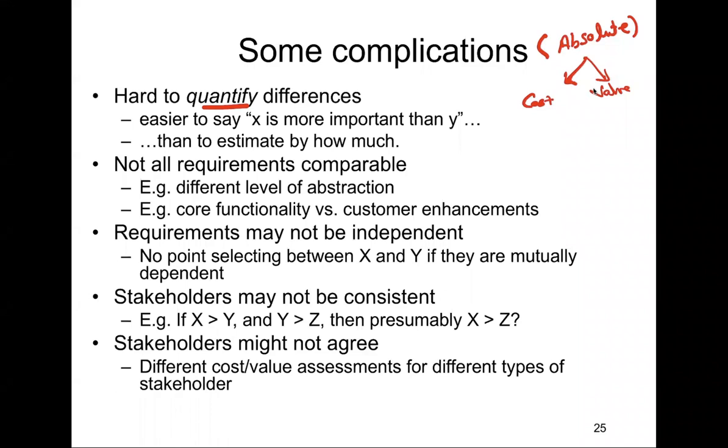So if you assign an exact value to one, you might have an impact on the exact value of the other requirements. Also, stakeholders might be inconsistent. If one stakeholder says X is more important than Y, and another stakeholder says Y is more important than Z, does this necessarily mean that X is more important than Z?